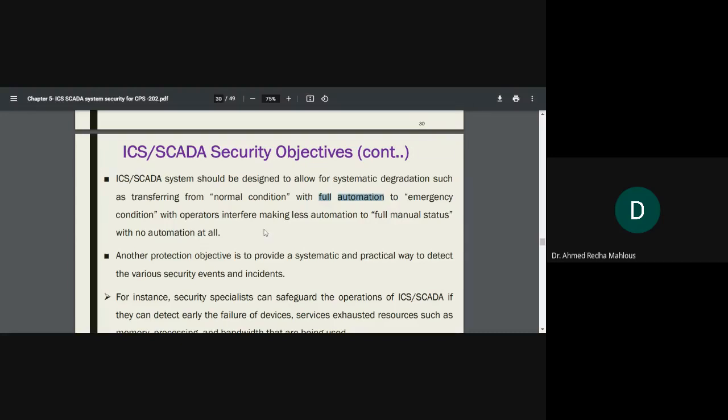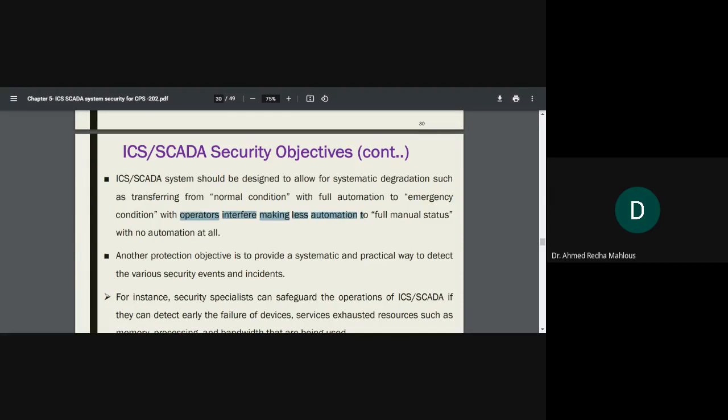All the machines and devices that are part of your ICS SCADA should have this type of systematic degradation. That means you will be able to move from a normal condition with full automation to an emergency condition with less automation. Is that clear for systematic degradation?